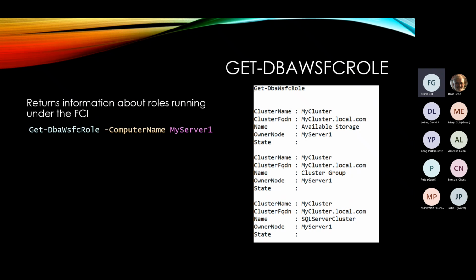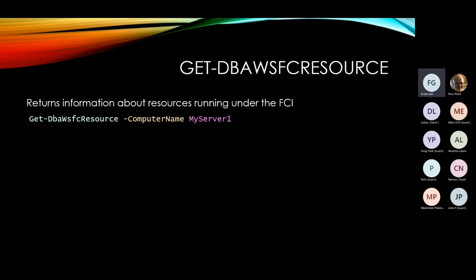And then finally, and this is to my way of thinking the most interesting, is Get-DbaWsfcResource. This will pull back all of the information about the resources running, to include the services and all of that shared storage.